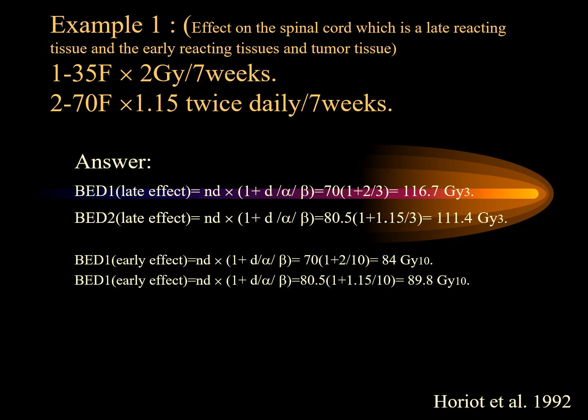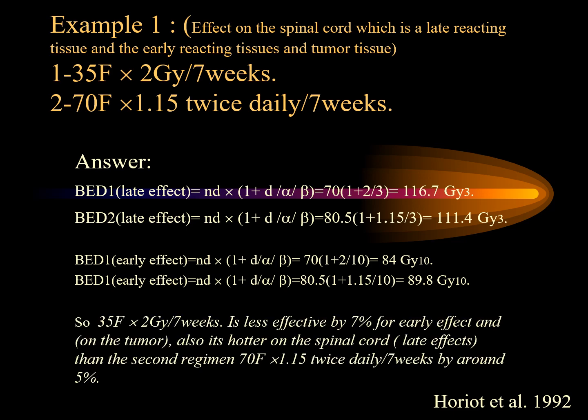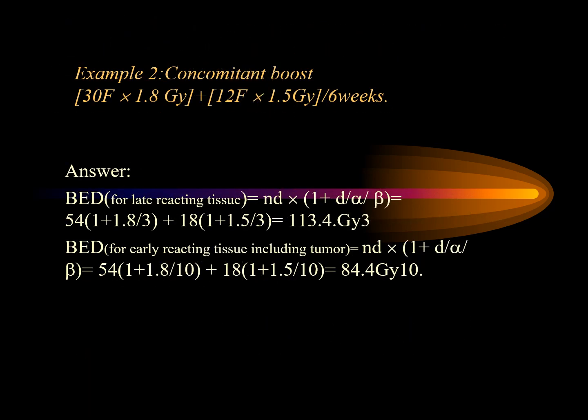A third schedule that we can also put is what we call the simultaneous integrated boost. In exactly the same way, you put the total dose, the dose per fraction, and the alpha beta ratio for the late reacting tissue, and then you get the number. You have to repeat the calculation with an alpha beta ratio of 10 for the same fractionation scheme.